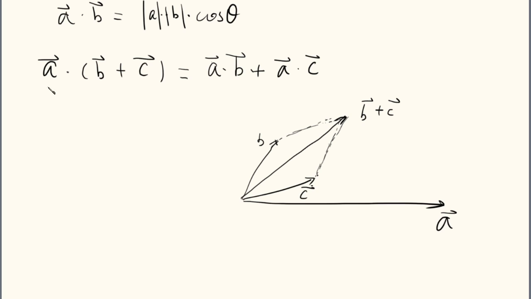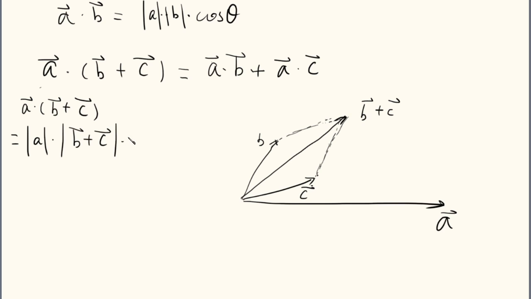Let's first look at the left part. Vector A dot vector B plus vector C. That equals A times B plus C times cosine alpha.